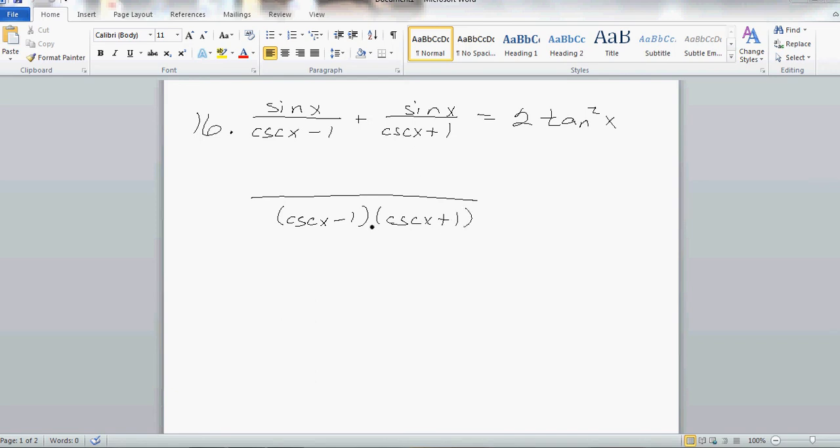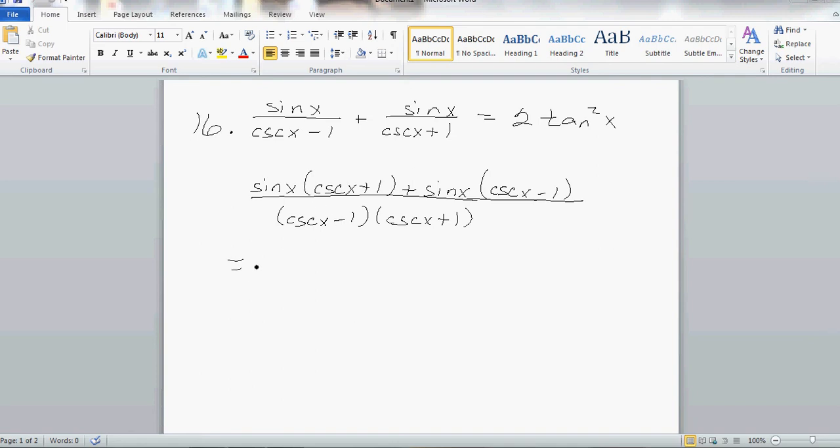And we'll be able to simplify that in just a few minutes. But this will become the sine of x, and then I have to multiply by cosecant x plus 1. And then I'm going to have to add in the sine of x multiplied by the quantity cosecant x minus 1.